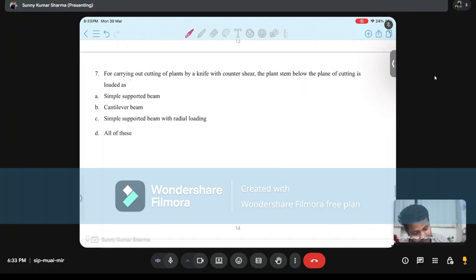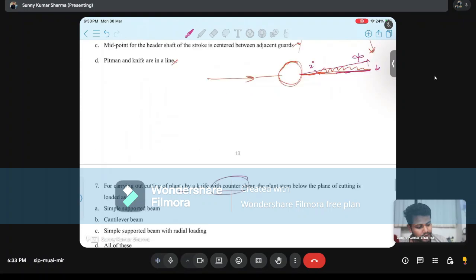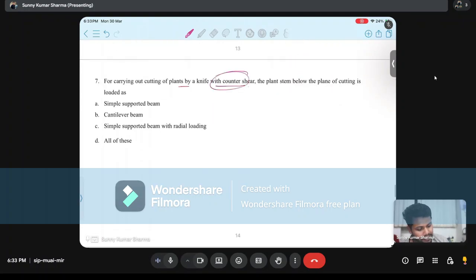The next question is about carrying out the cutting of plants by a knife with a counter shear. Without a counter shear, it is a cantilever. Just now we were discussing that question. With a counter shear, the plant still below the plane of cutting is loaded as a simply supported beam.